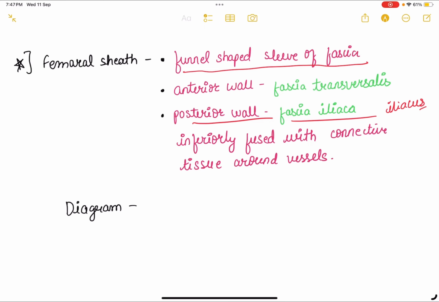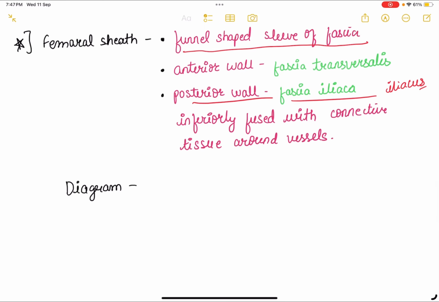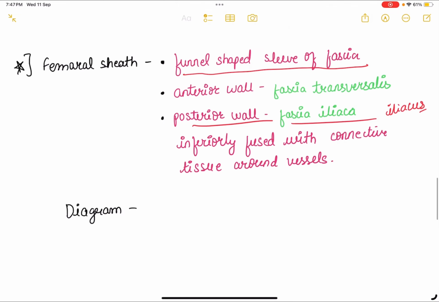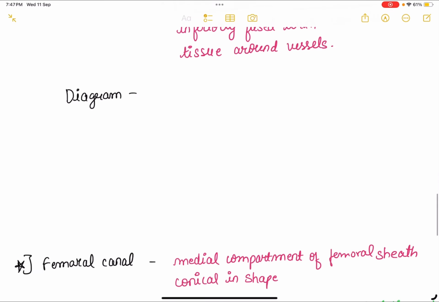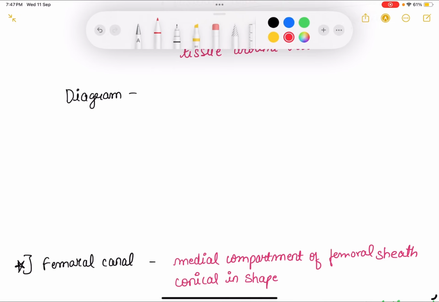Okay. So now what happens to this sheath inferiorly? It gets fused with the connective tissue around the vessels. Now this femoral sheath consists of 3 compartments which are formed by 2 septa. Okay, so these are the 3 compartments.